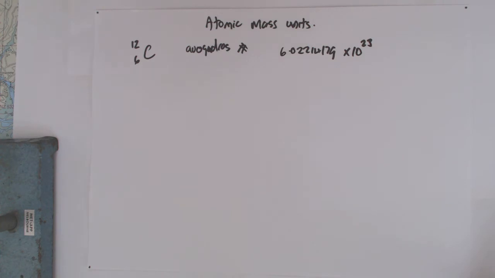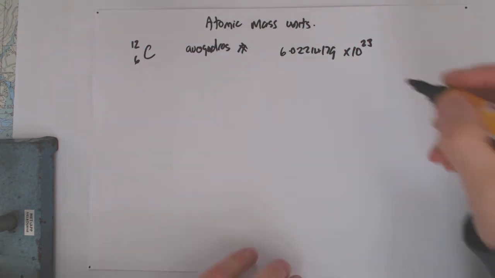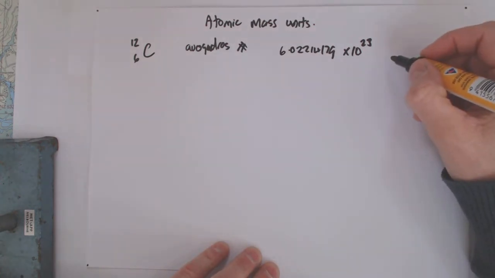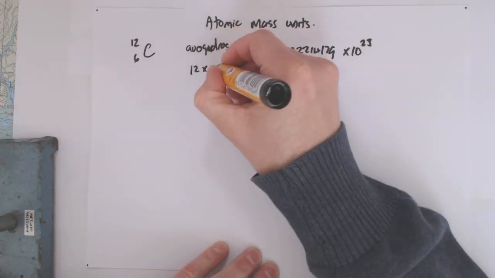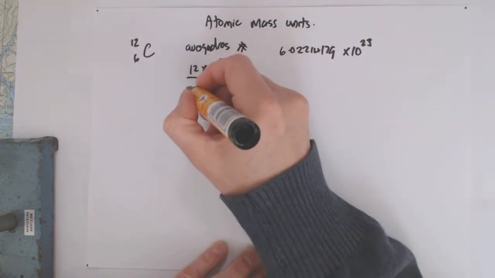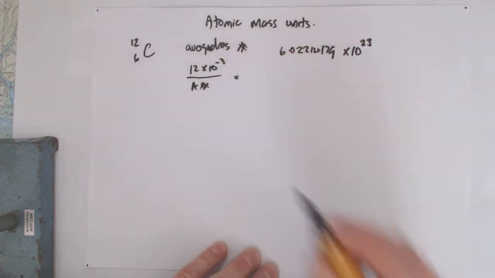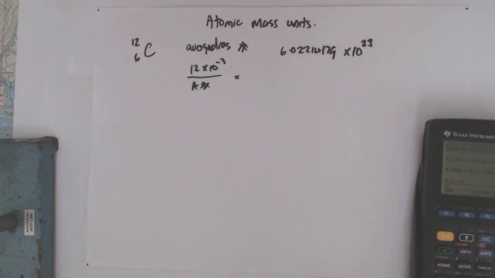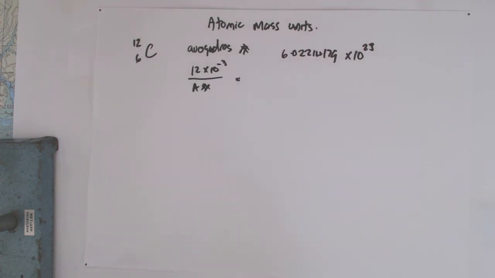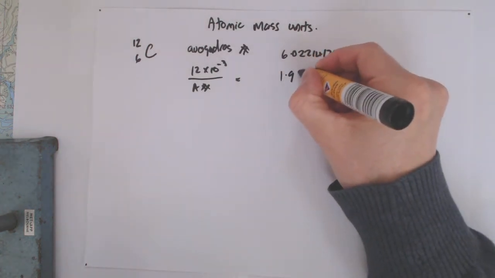Alright, so how much does 1 gram weigh? Well, we'll just divide 12 grams by that and we'll get the weight per carbon. So let's write 12 grams times 10 to the minus 3 divided by Avogadro's number, that will give us the mass per carbon. So 12 times 10 to the minus 3 divided by 6.022141179 times 10 to the 23 gives me 1.99264654 times 10 to the minus 26.